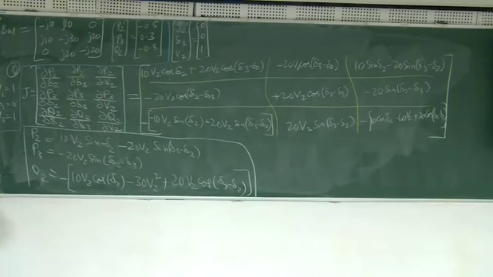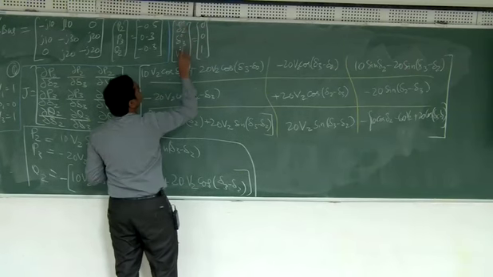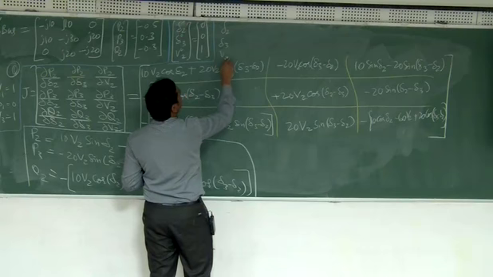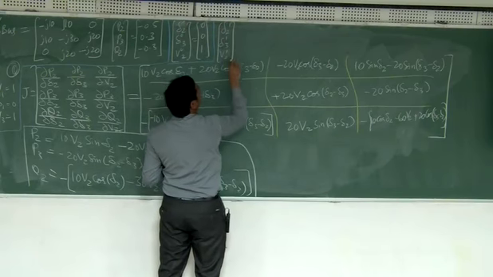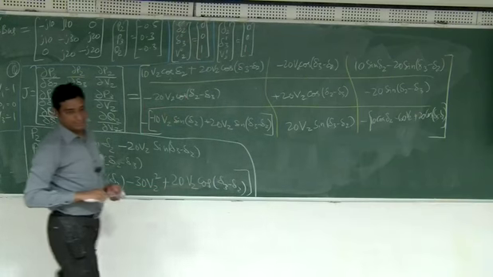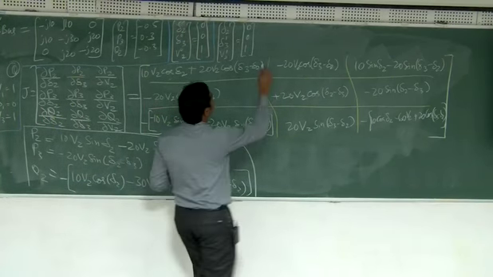What is the correction? This is 0, 0, 1. Then for the next iteration, I'll just take the same thing, 0, 0, 1, plus J inverse.